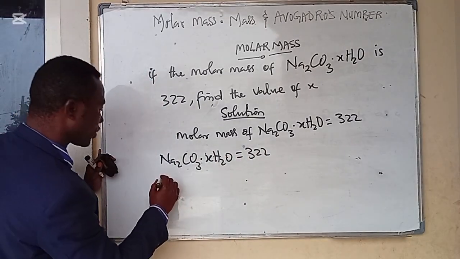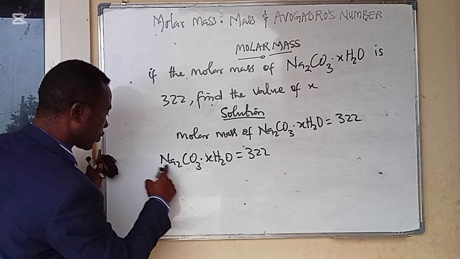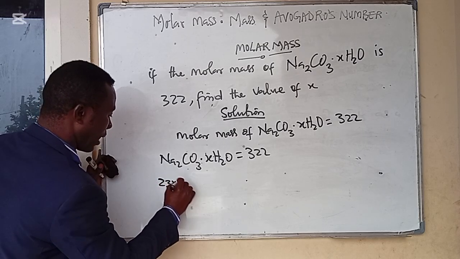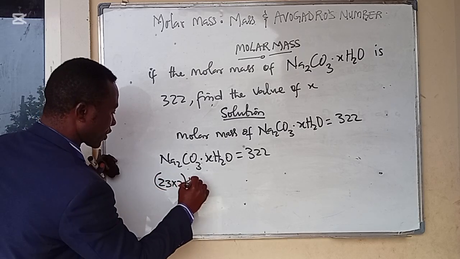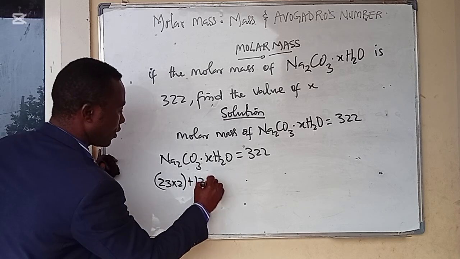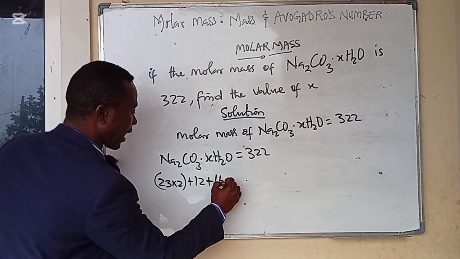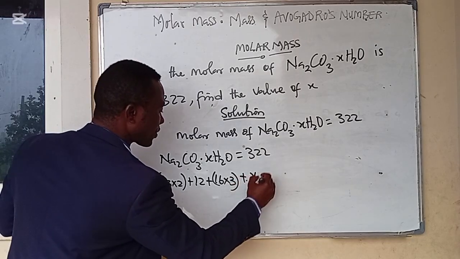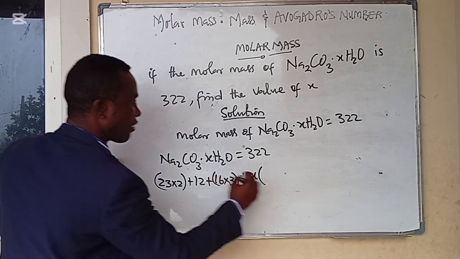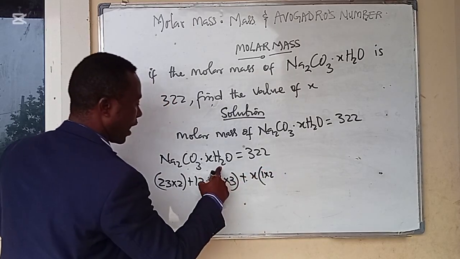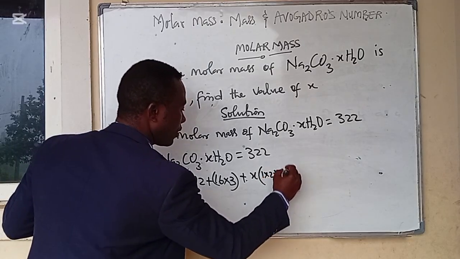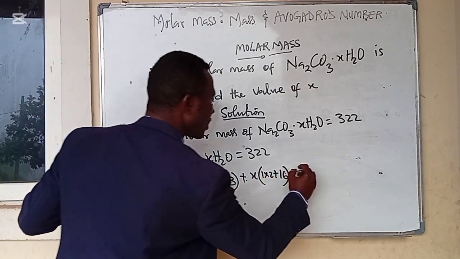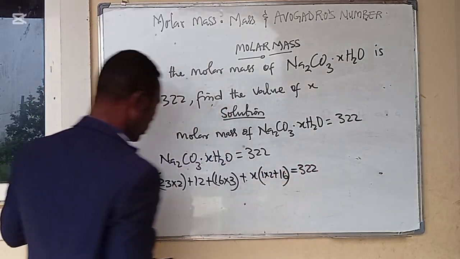So what it simply means is we'll have sodium, which is 23 multiplied by 2, plus carbon, which is 12, plus oxygen, which is 16 times 3, then plus x multiplied by what we have here, which is 1 times 2 for hydrogen plus 16 for oxygen. Everything will give us 322.